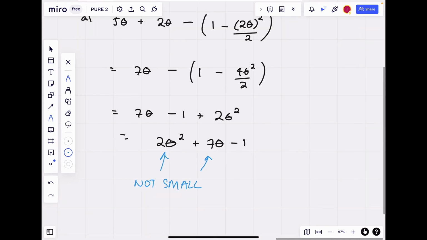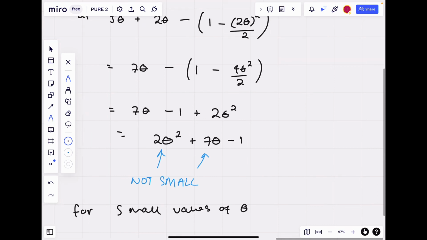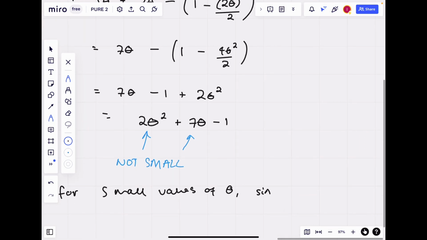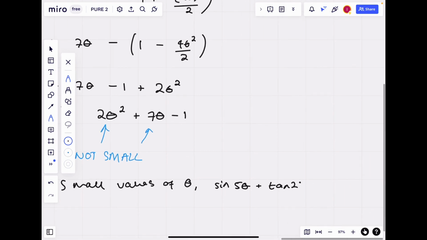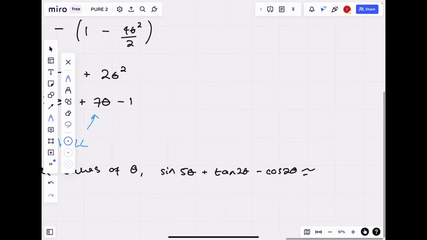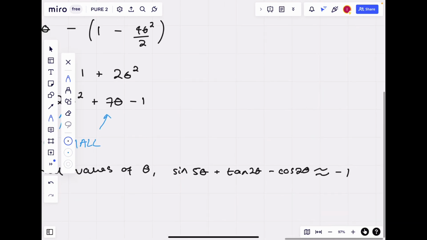So you can ignore those. So for small values of theta, sine 5 theta plus tan 2 theta minus cos 2 theta will be approximately -1, which is what's left. And there you go. That's how you do small angle approximations.